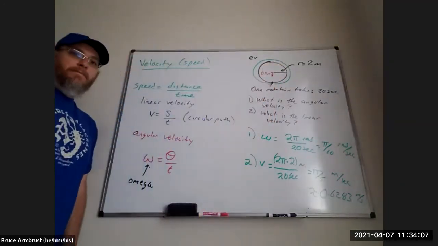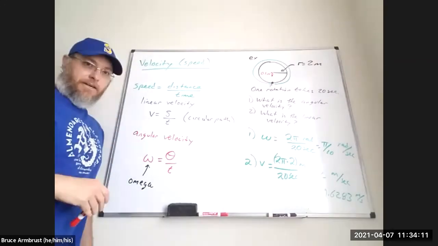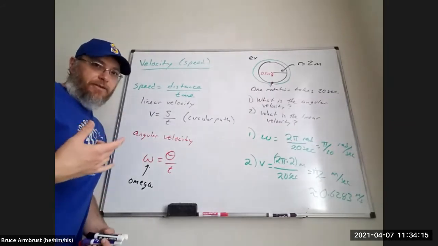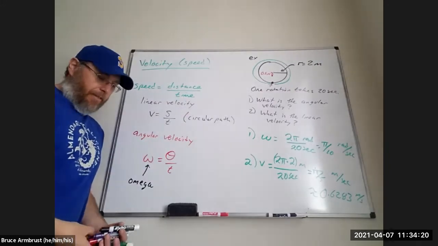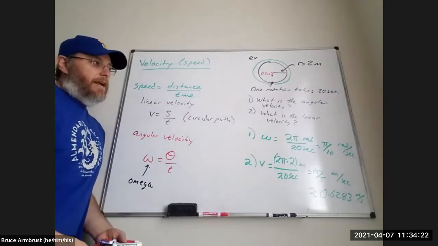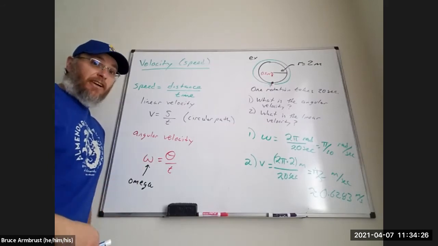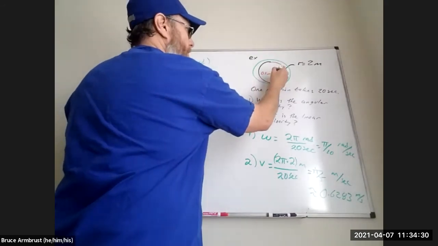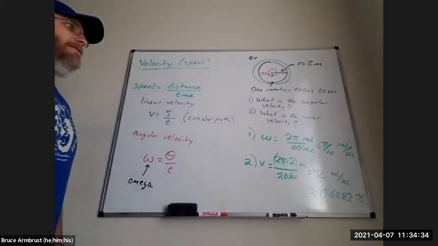So instead of 2 meters from the center, we're only a half a meter from the center. All right, so we're out on the edge, holding on for dear life. We got a friend who's closer to the center. Let's look at the angular and linear velocity for that person that's closer to the center. All right, so if we were to keep track of them, they would still go around in a circle. It's just a smaller circle.